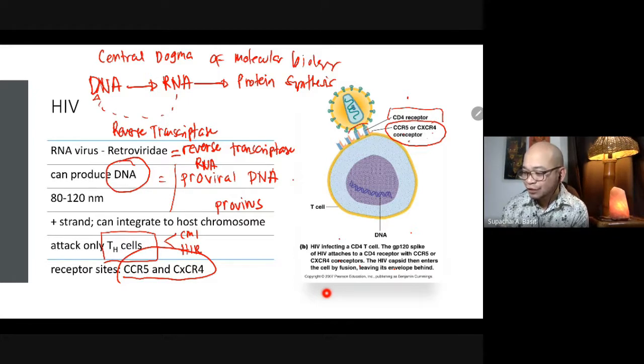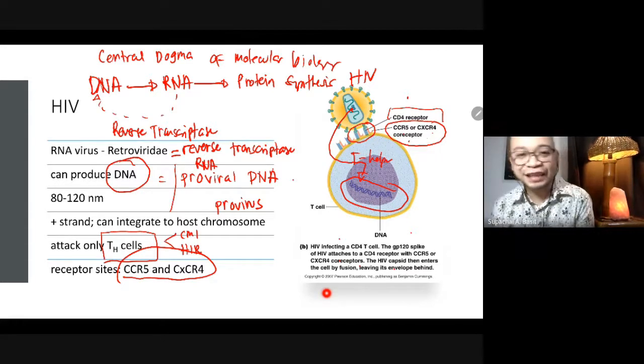Because of the presence of these receptors, HIV is able to attack the T helper cell. Eventually, it will integrate the RNA into the host chromosomes, and then it becomes the proviral DNA. So that is basically the characteristic of the virus.